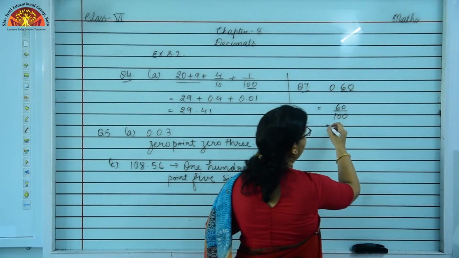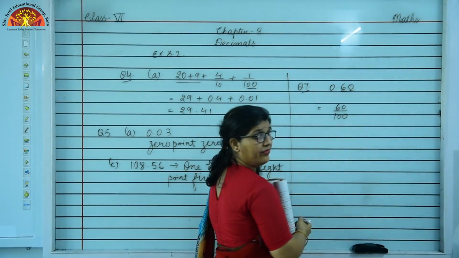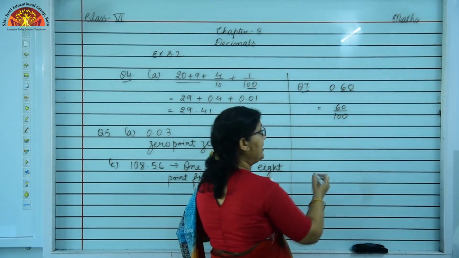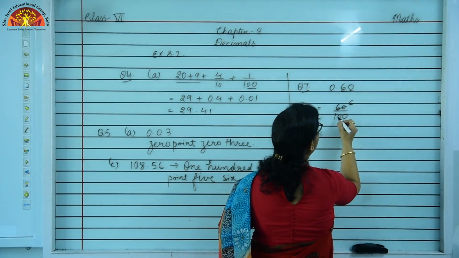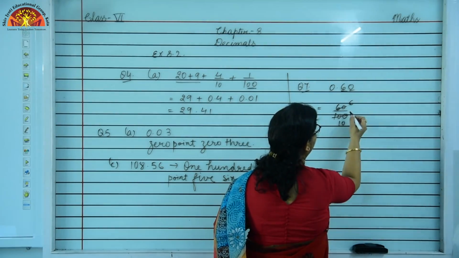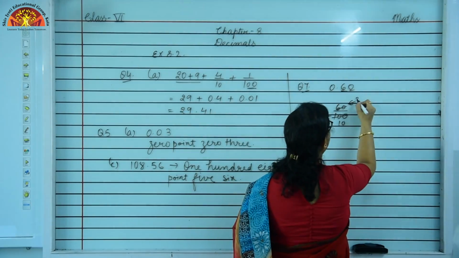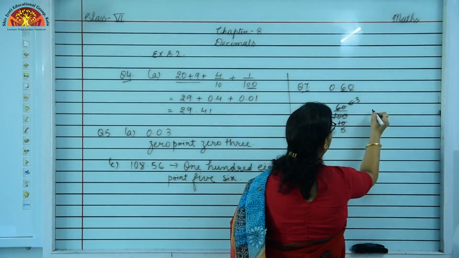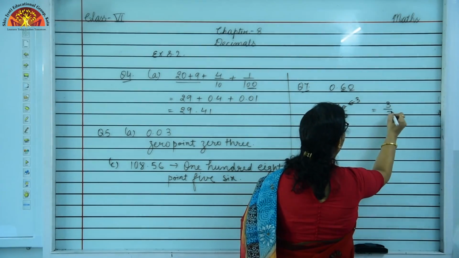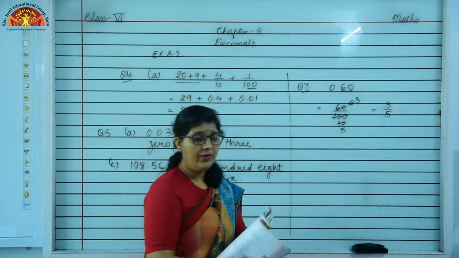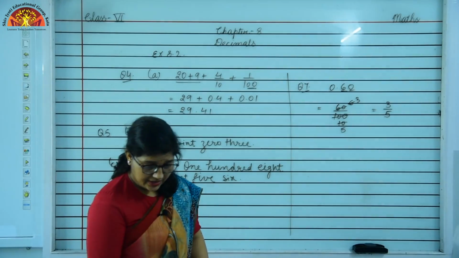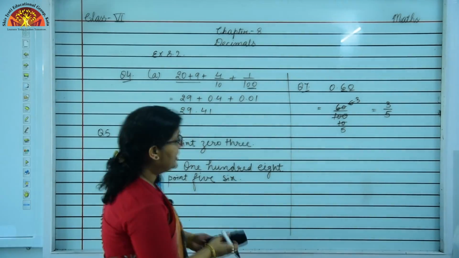Now cancel out by 10 because both numbers have 0 at one's place. So both numbers are divisible by 10. 10 6s are 60, 10 10s are 100. Now again both numbers are divisible by 2 also. 2 3s are 6, 2 5s are 10. So what is the lowest form? 3 upon 5.